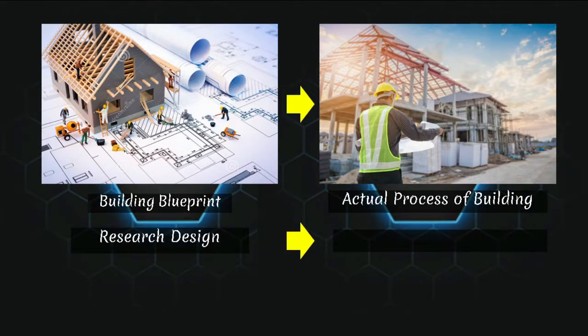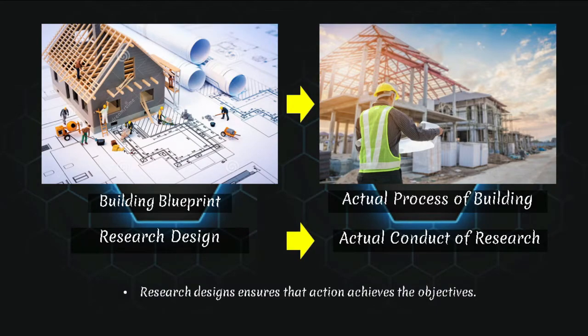Like a building blueprint, the research design plans ahead of time important research elements such as the population and locale, the procedures that are to be done, the instrument that are to be used, the statistical tests that will be helpful in analyzing the data, so that research designs actually ensure that actions achieve the objectives.